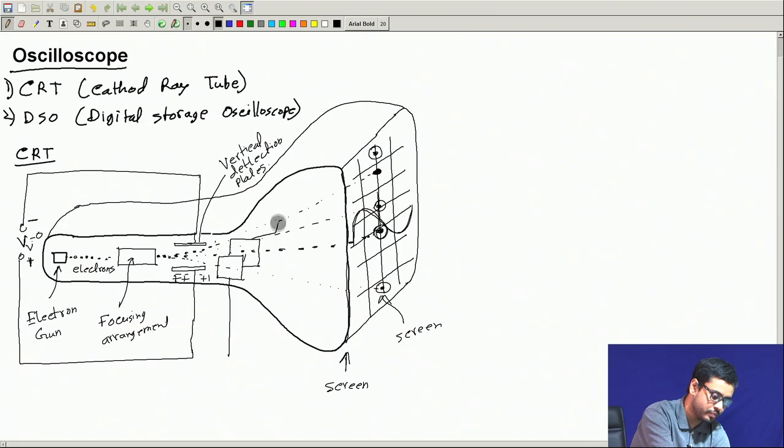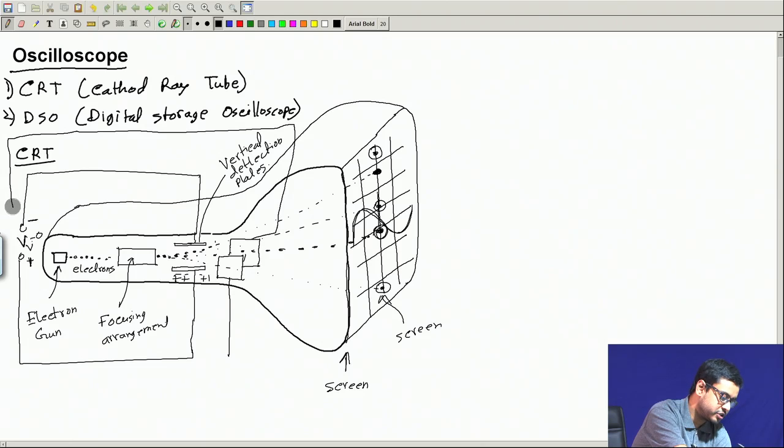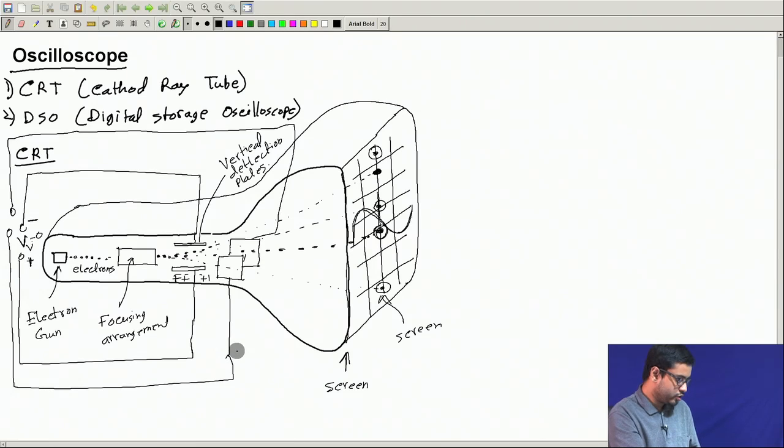So, if I apply a voltage between these two plates, call this voltage V H, H for horizontal.